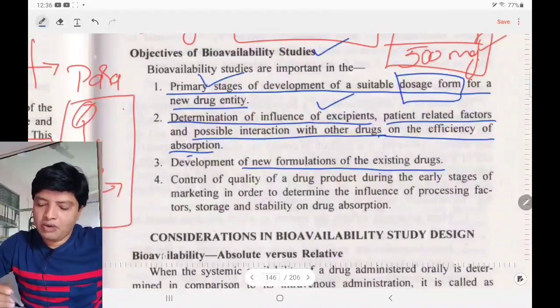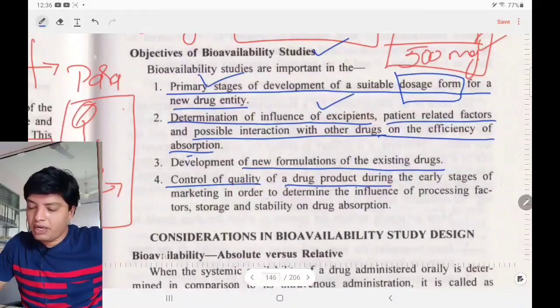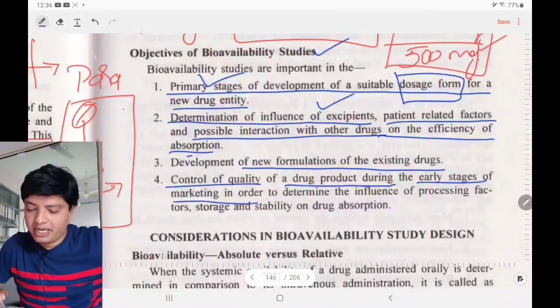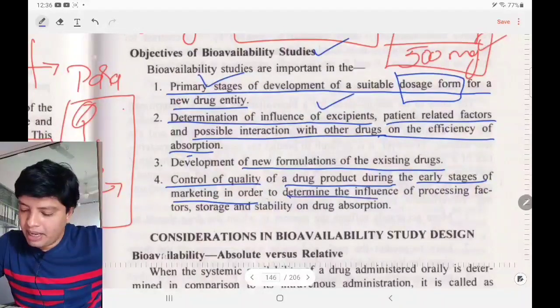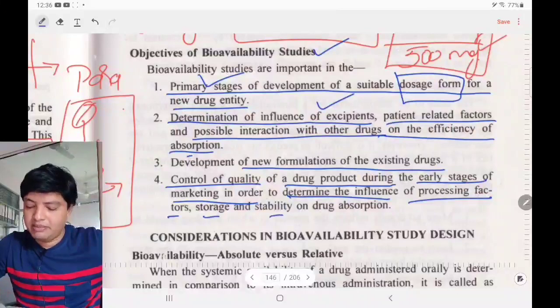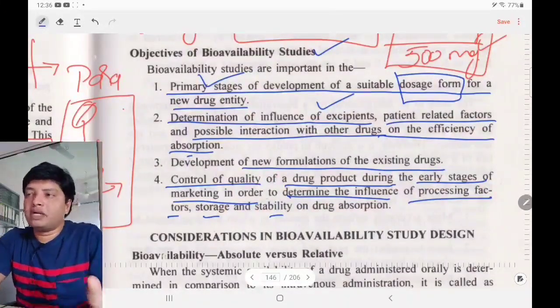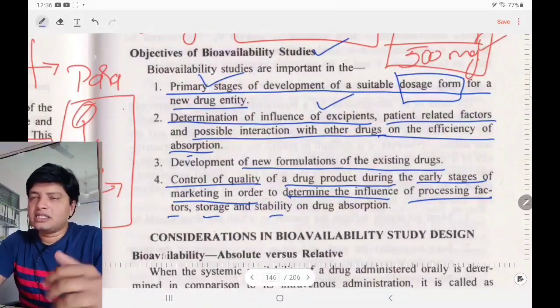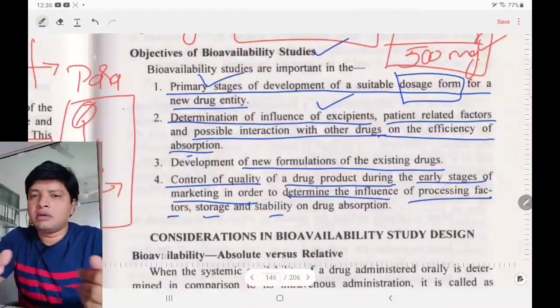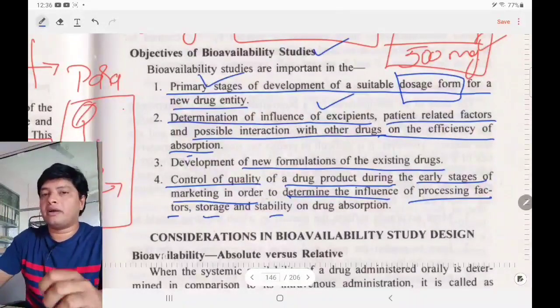The next point is quality control of a drug product during early stages of marketing, in order to determine the influence of processing factors, storage, and stability. I want to control the quality of the drug. In the initial studies the drug is still not released into the market, but I want to control the factors which are affecting the quality of the drug.